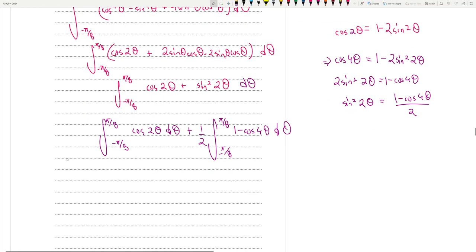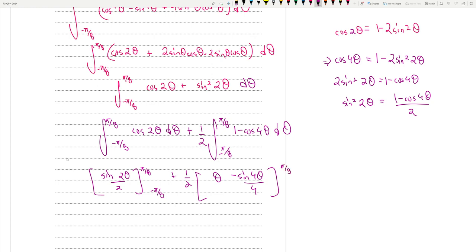Okay, now let's integrate. So this just turns into sine 2 theta by 2, and this part turns into theta minus sine 4 theta by 4. Fine.